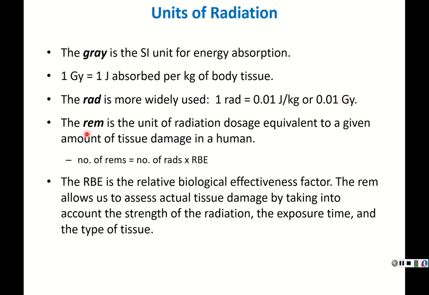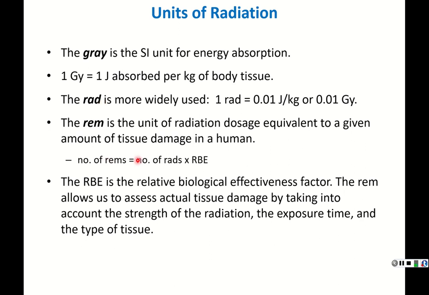Okay. And then there's also the rem, and this is the unit of radiation dosage equivalent to a given amount of tissue damage in a human. So this one is probably the one that's hardest to really understand. Okay.